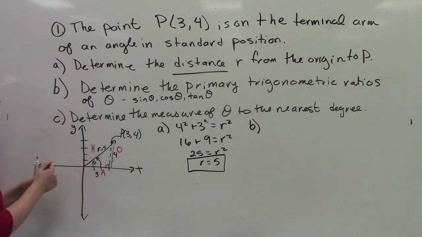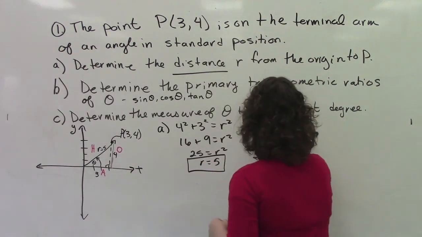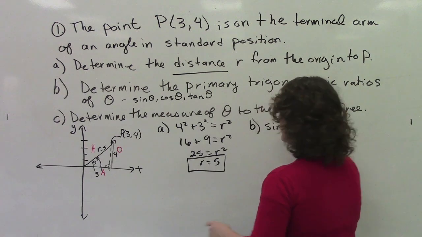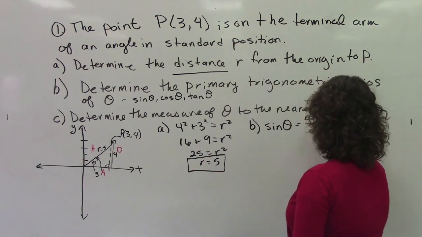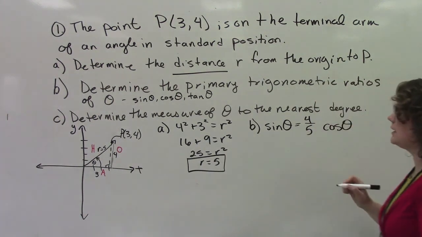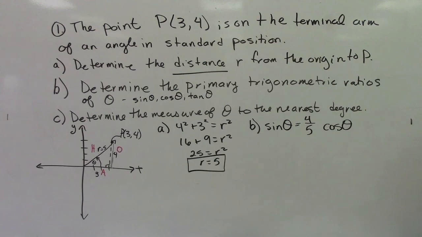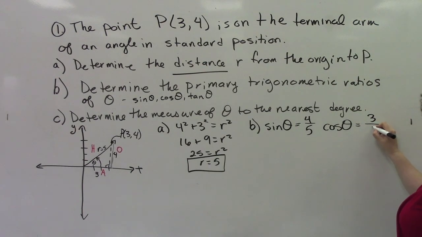What's adjacent? I don't know. Okay? So, sine theta is opposite over hypotenuse, 4 over 5. Cos theta is adjacent over hypotenuse, adjacent is 3 over 5.